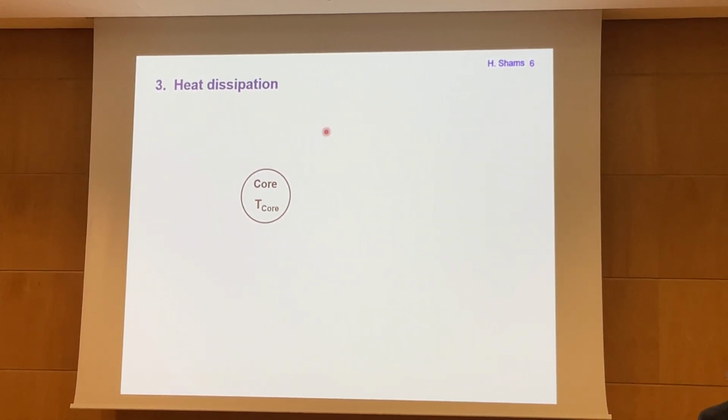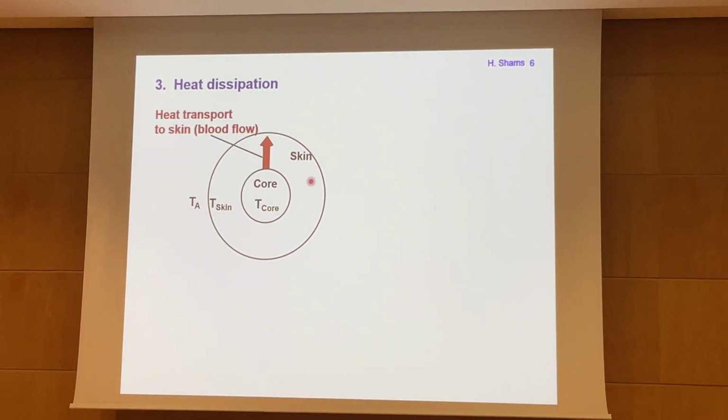And which transport system brings the heat from the core of the body, from inside of the body to the skin? That is the skin blood perfusion, blood flow to the skin. You see that the heat transport from the core of the body to the skin is happening here.